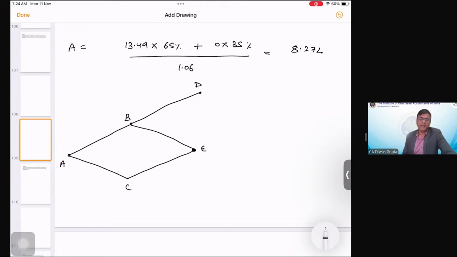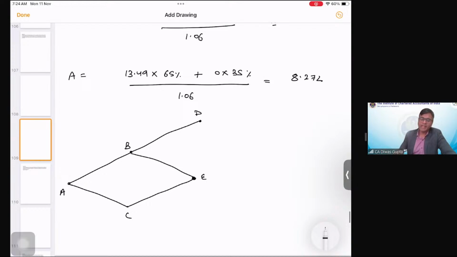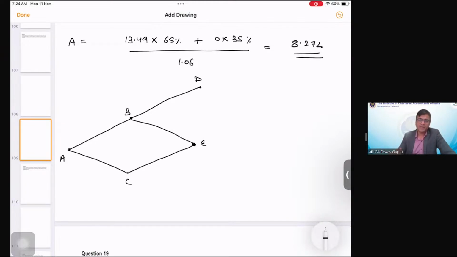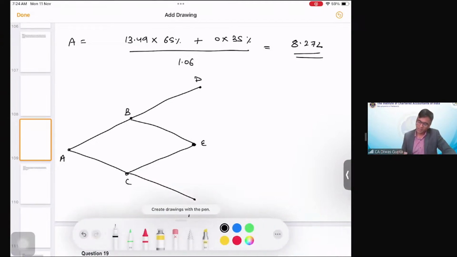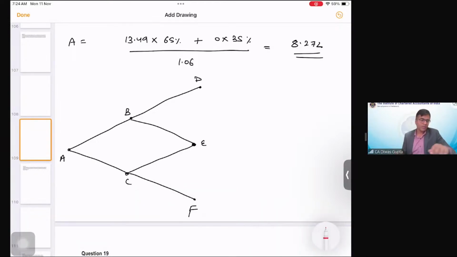So let me repeat. I think there was some issue. So the value till A node was calculated as this. What I'm presenting below is a better presentation of the payoffs, right? So I'm just redrawing the tree, and accordingly then we will put the values at the different nodes. Okay. Then the C becomes, C also has two options, E and F. Clear?